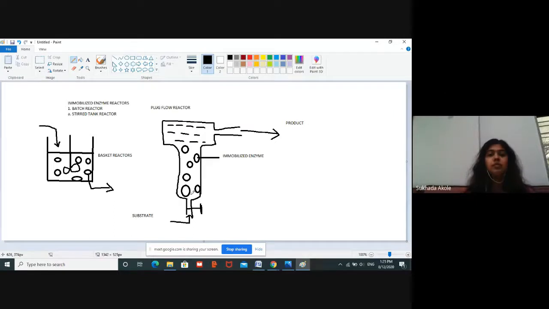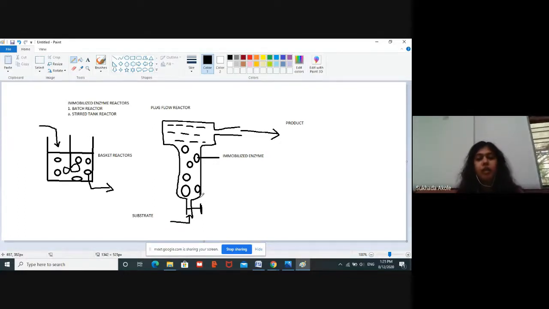But the amount of substrate that will go up the fluidized bed or up the plug flow reactor is moderated or controlled by a plug here. Now, these reactors are useful when there is inadequate product formation in the third type of reactors.